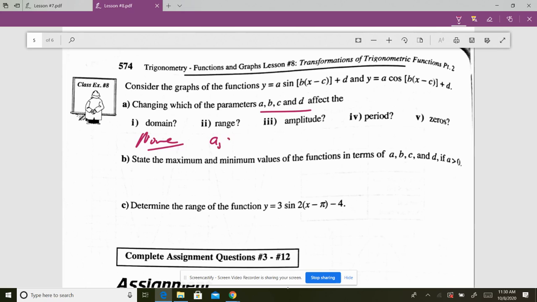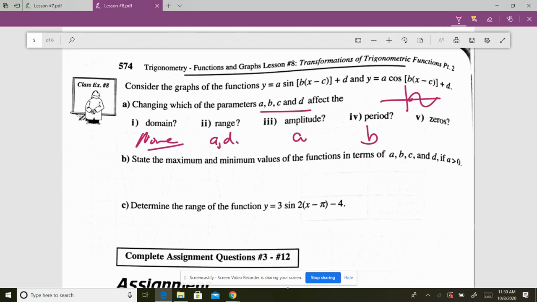So A and D. Which ones will affect the amplitude? Just A, right? Because your A value is your amplitude, the absolute value of that. Which one is the only one that affects the period? Which one affects the zeros? Remember, zeros are x-intercepts.